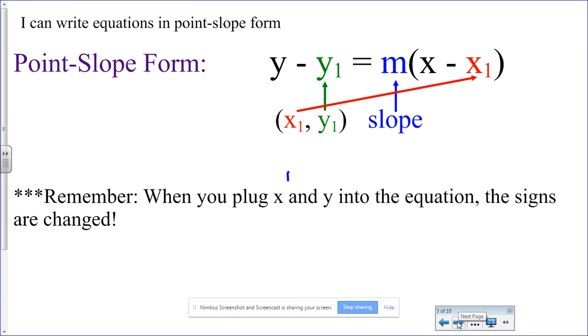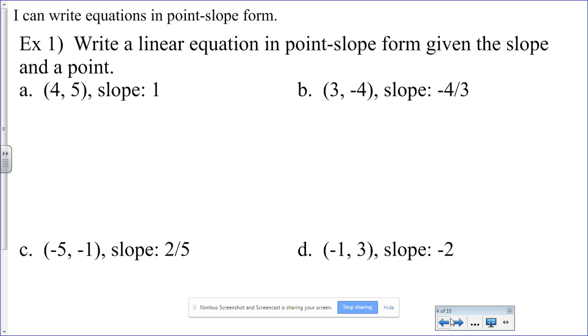So let's go ahead and look at this. Okay, and I'm going to write point-slope form here at the top so we have it. So we said y minus y1 equals m times x minus x1. So when I'm looking at my point and my slope that are given to write the equation in point-slope form, I have x, y, and m, but we're going to plug those in to x1, y1 instead of just the x and the y.